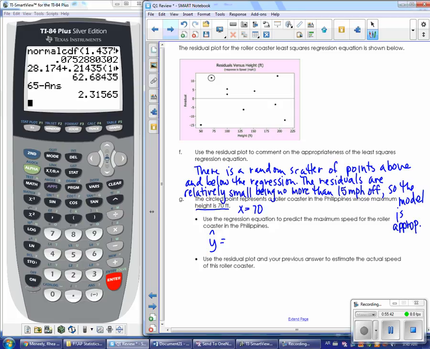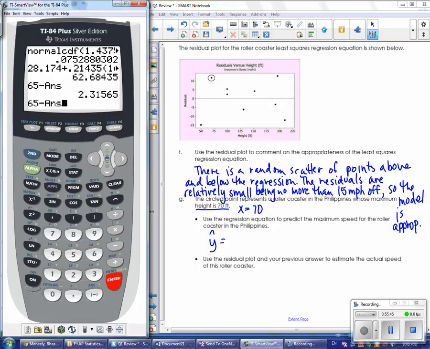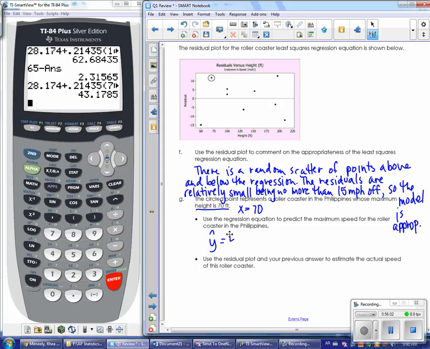In fact, I'm going to hit second enter to actually call up my equation. And instead of having the 161, I'm going to type in the 70. And that gives me a predicted speed of 43.1785. And that would be in miles per hour.